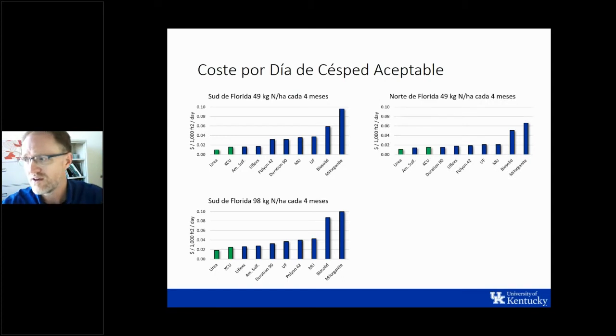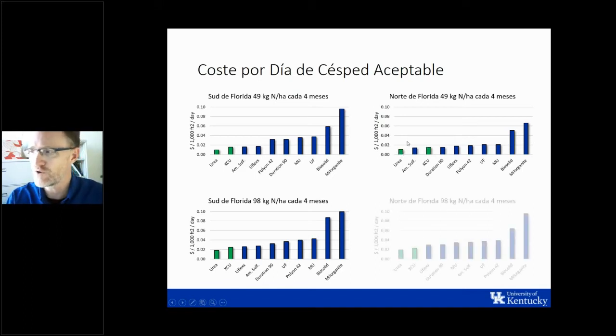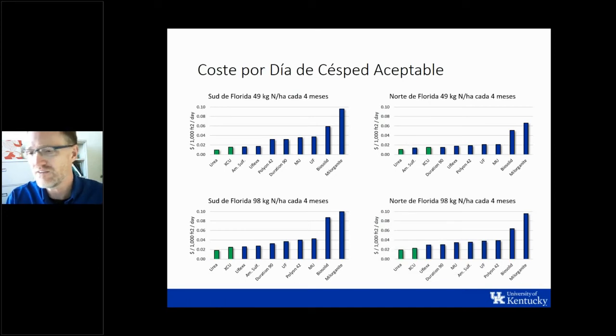When we look at situations that are more similar to Spain, we see a very similar result. Urea is the least expensive soluble source, and sulfur-coated urea is the least expensive slow release source. Ammonium sulfate is another soluble source. So when we're looking at slow release or soluble, these two remain the least expensive at 49 kilograms per hectare and even at 98 kilograms per hectare.